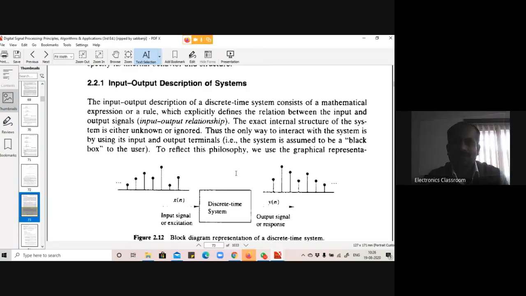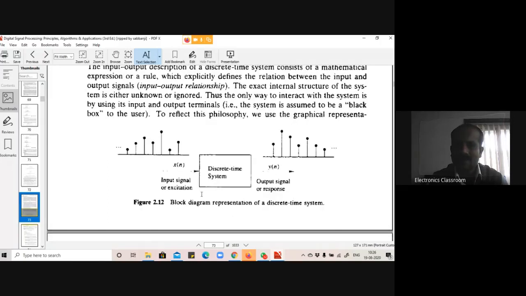System is nothing but physical device which can perform various operations. So there is input and output. So here, if x(n) is input to the discrete time system, then y(n) is output of that system.